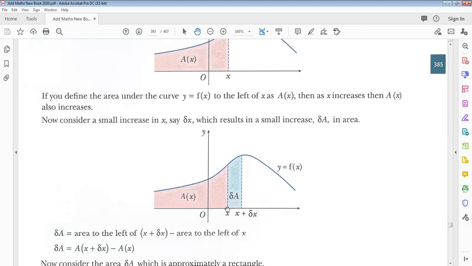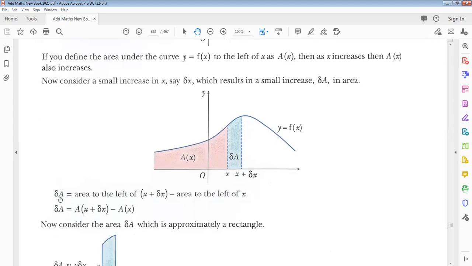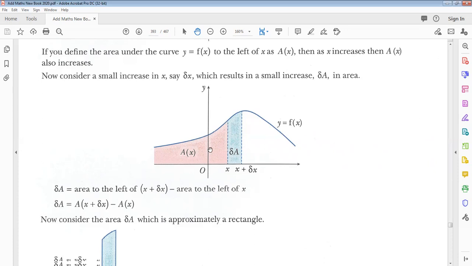That is the area between a value x and another value of the variable x, which is x plus delta x. So I can say that my area, delta A, is equal to the area to the left of this line minus the area to the left of the line where the value is x.